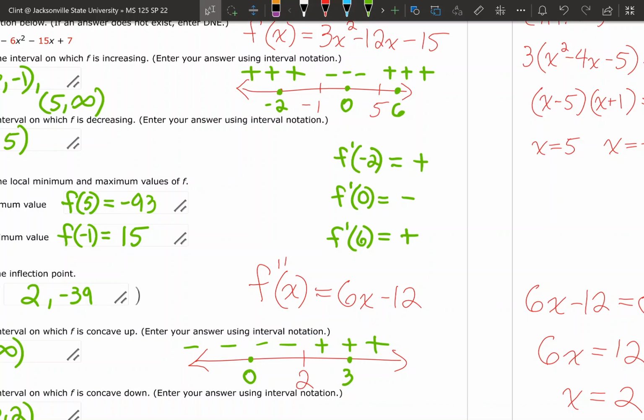With the first derivative, negative and positive are increasing, decreasing, and with the second derivative, negative and positive are concave up, concave down. We do the same type of stuff, it's just sometimes we do it with the first derivative and other times with the second derivative. Any questions on that one?